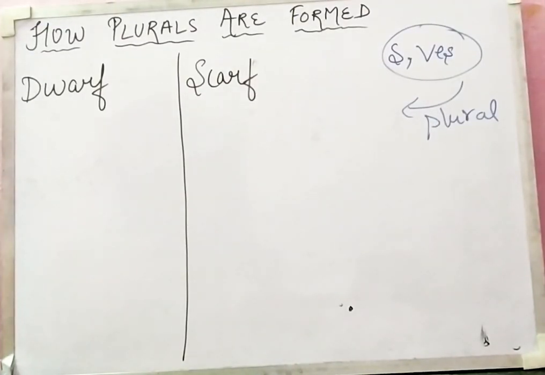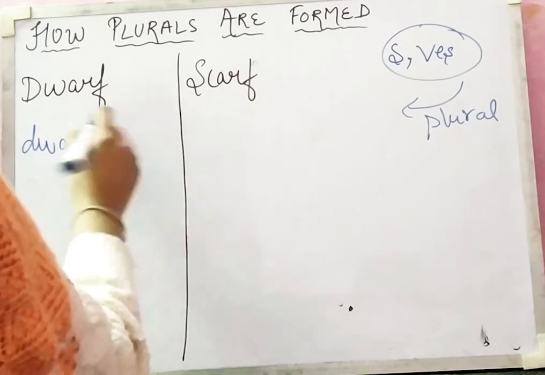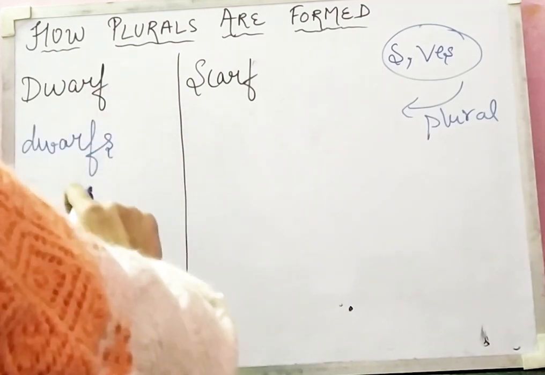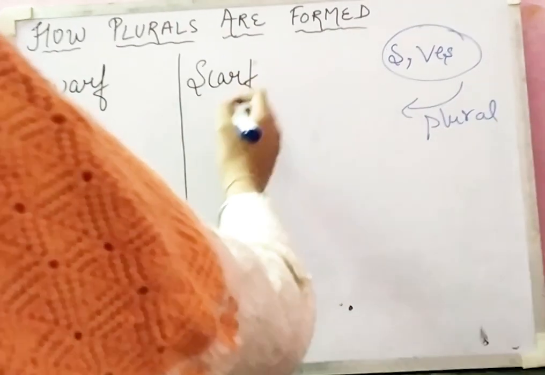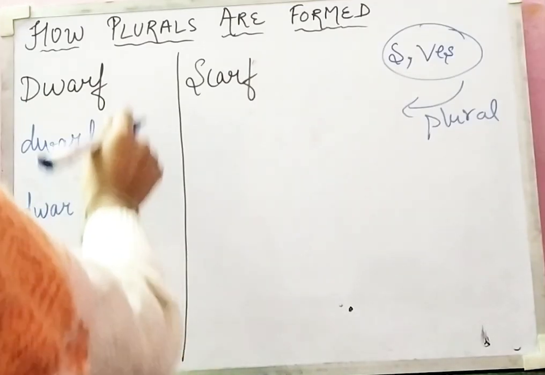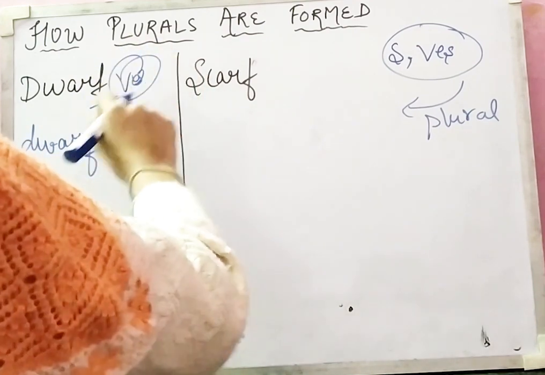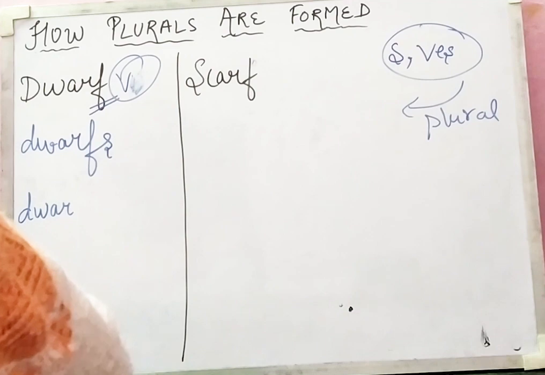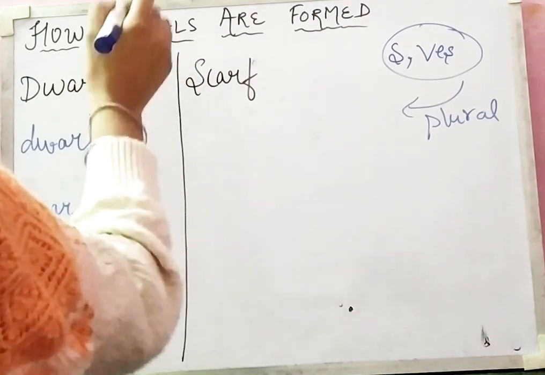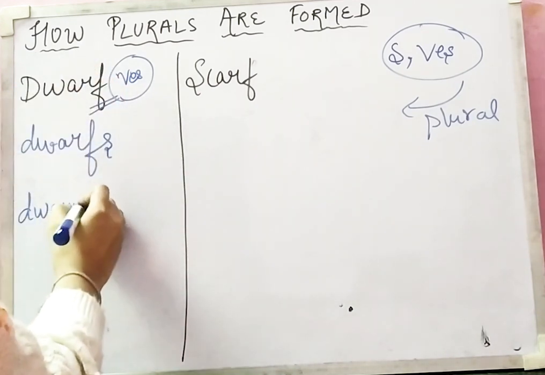Like I am writing, one can be dwarfs, means in this I have just added s. But in ves, the f will be replaced. Ves means the f that is here will be replaced by ves.